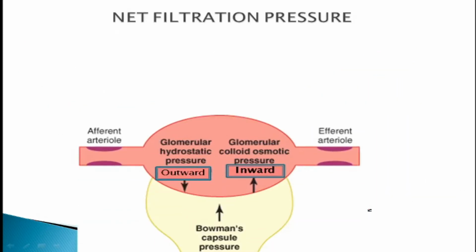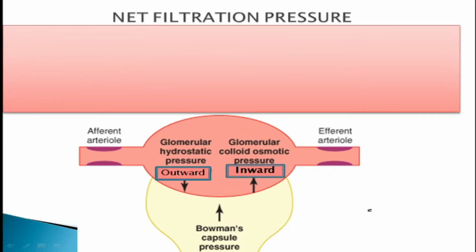So first we will be talking about the outward and the inward forces. You can see here in this diagram that the glomerular hydrostatic pressure is the pressure because of the fluid content of the capillaries. The fluid content of the capillaries will exert a hydrostatic pressure, and this pressure will be directed outwards.